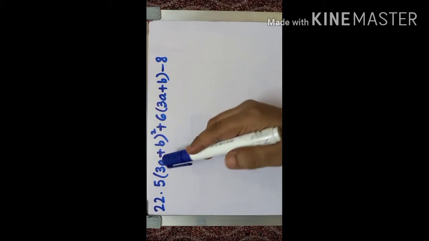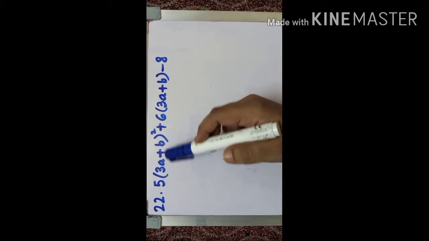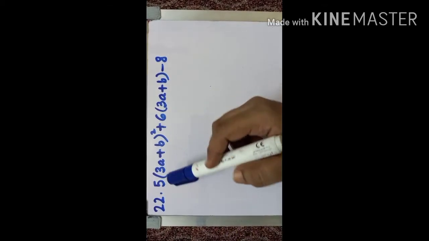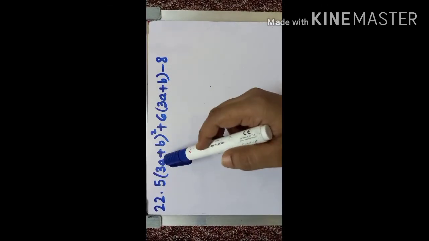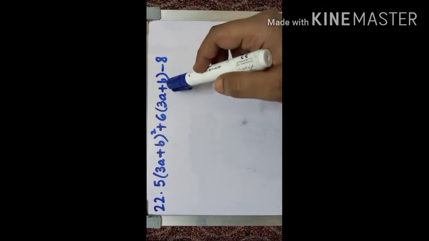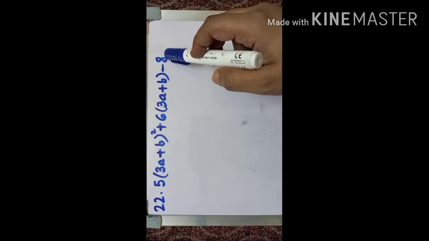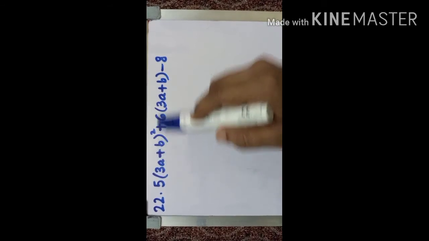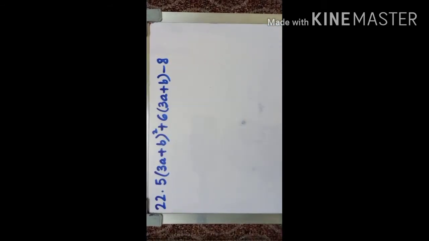Because you know two terms are given in one expression. Until now, the standard form you have seen is 5x² + 6x − 8, something like that. So here, instead of two terms, let us take this 3a + b as x.